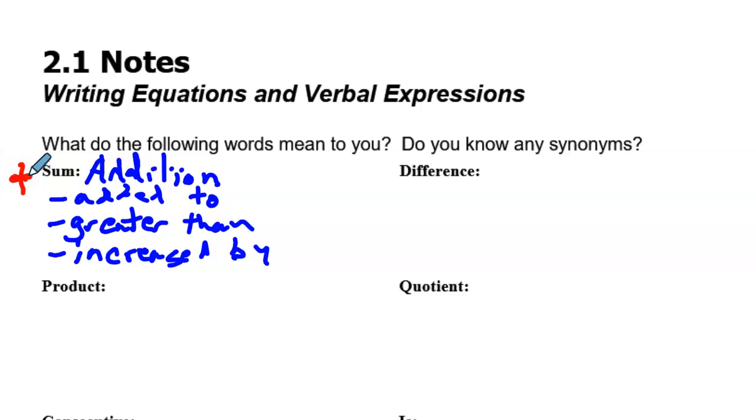Which reminds me, that's another word. We might just see the word plus.